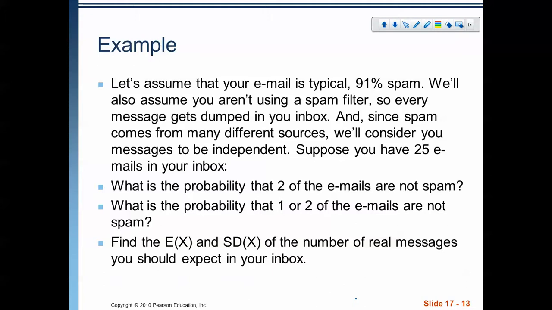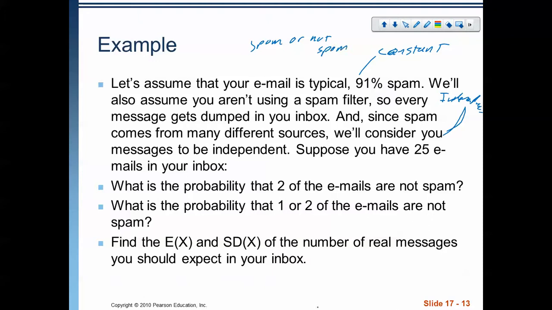Notice a couple of things that they told us here. First of all, constant probability of success, p is constant. They told us independence. And we know that we get spam or not spam.